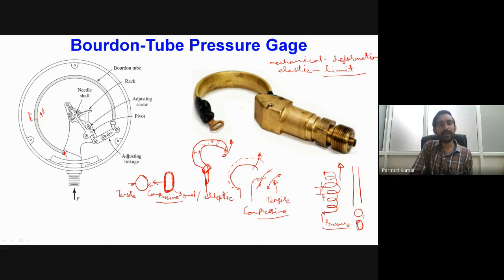Depending upon the value of the pressure inside the tube, there will be deformation of the tube, and that amount of deformation will have a linear dependence on our pressure.